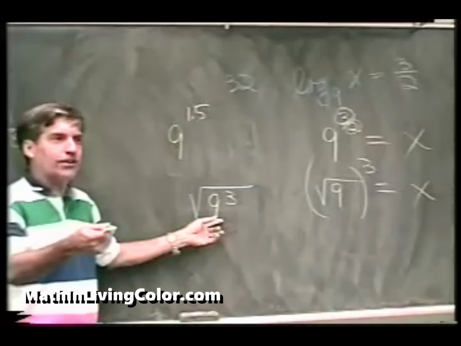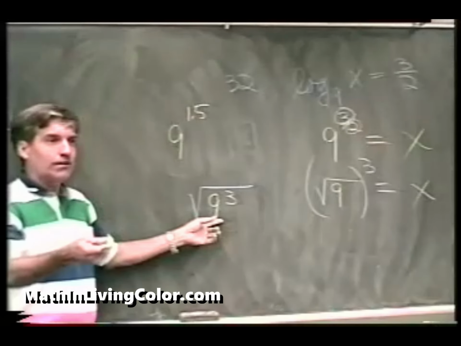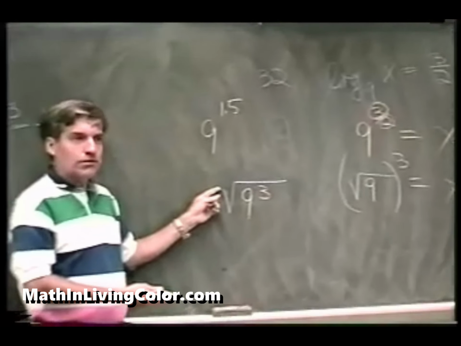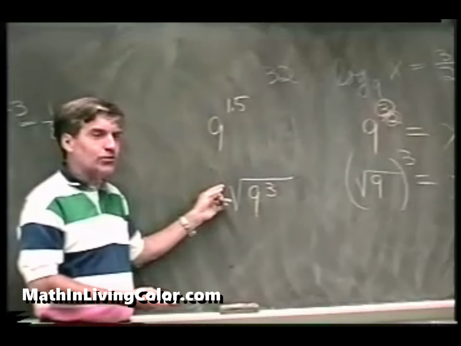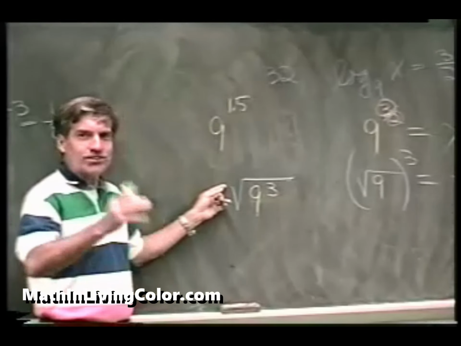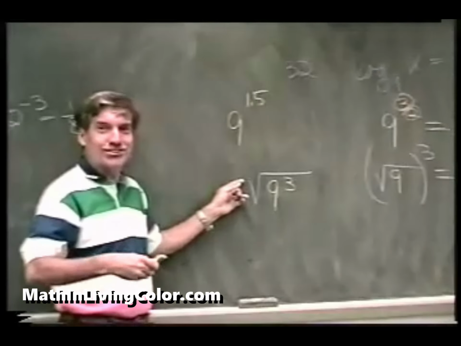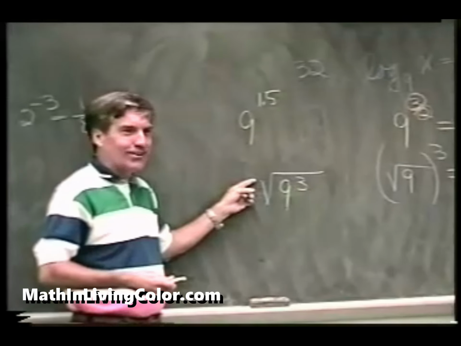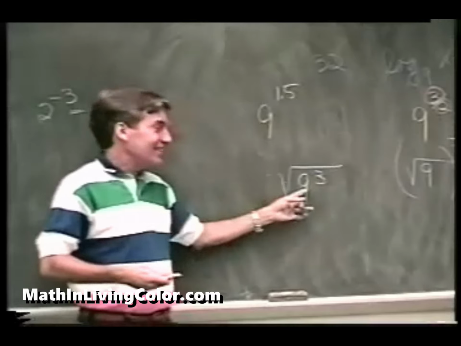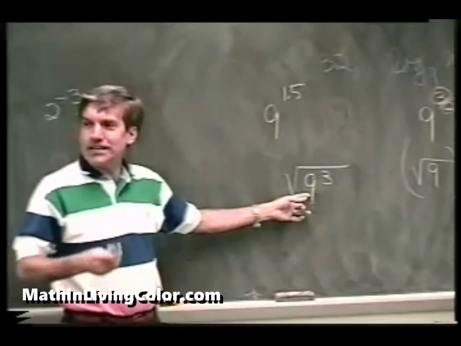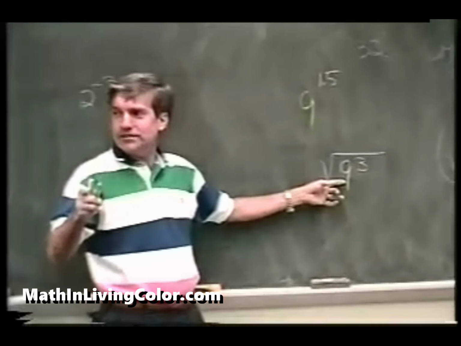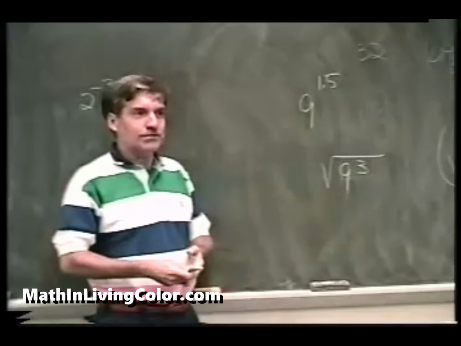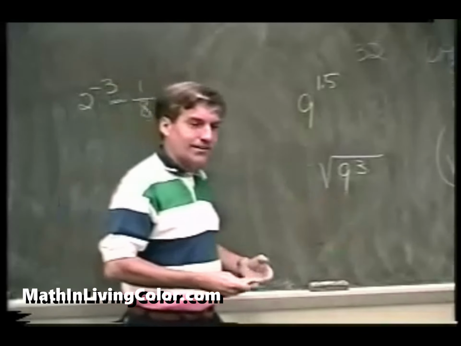Give your calculator 729, and then do the square root. Sorry, 729. And it comes out 27. A lot of ways to get there.